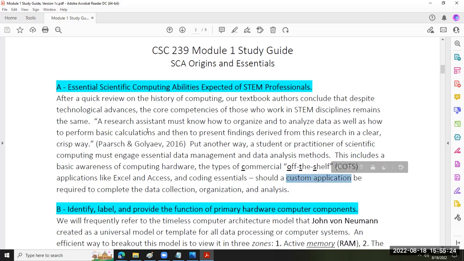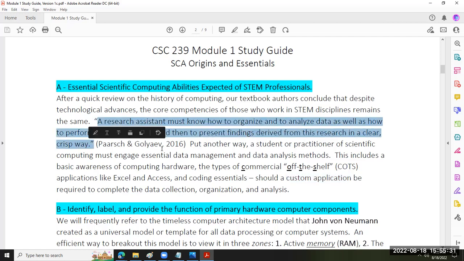So all of this scenario I've taken the time to articulate is an example of the process that is common for scientific computing professionals to work through.